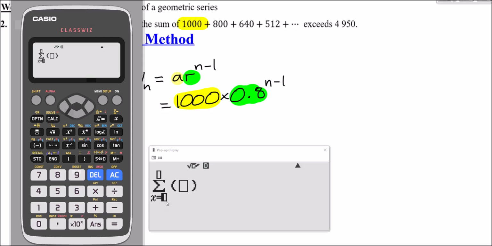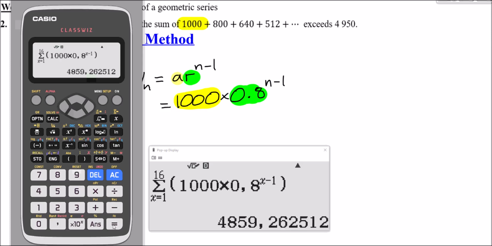So we want the terms, think of x as being our n, we want from the first term up to our guess. So let's guess, I don't know, maybe 16 terms will be enough. We then type in our expression for the nth term. So 1000 multiplied by 0.8 to the power of n minus 1. So we put x minus 1. Is the first 16 terms enough?